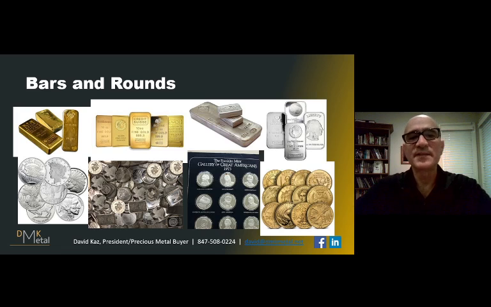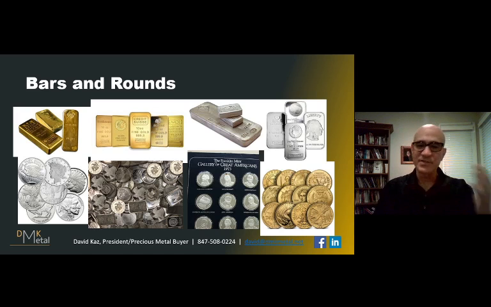Silver rounds are very common and were created by many refineries, and they could have images of baseball players, presidents, or Santa Claus. There are all kinds of rounds created specially by mints and refineries, and usually they'll have stamped on them 1 troy ounce silver or 1 troy ounce gold, letting you know the content.